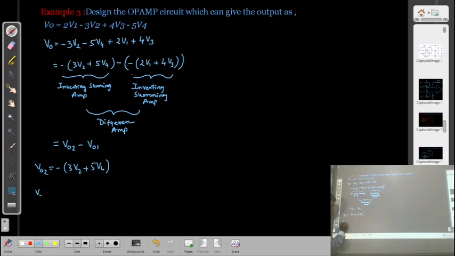VO1 will be equal to minus 2V1 plus 4V3. So, here we will design an inverting summing amplifier for VO2, then for VO1. So, what will be that circuit?